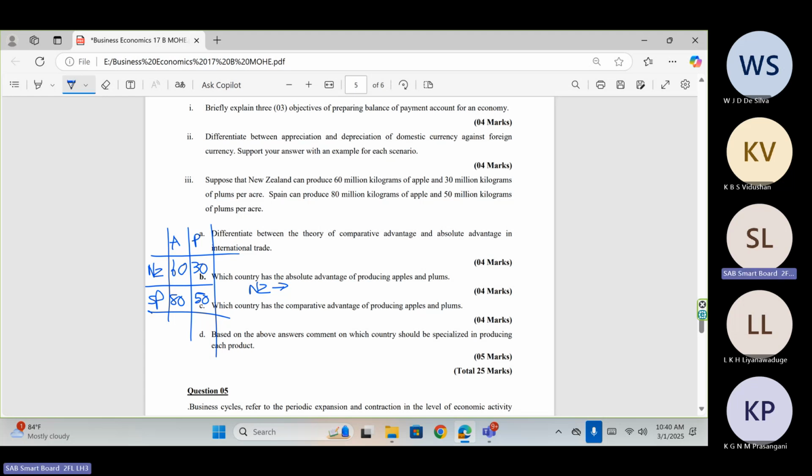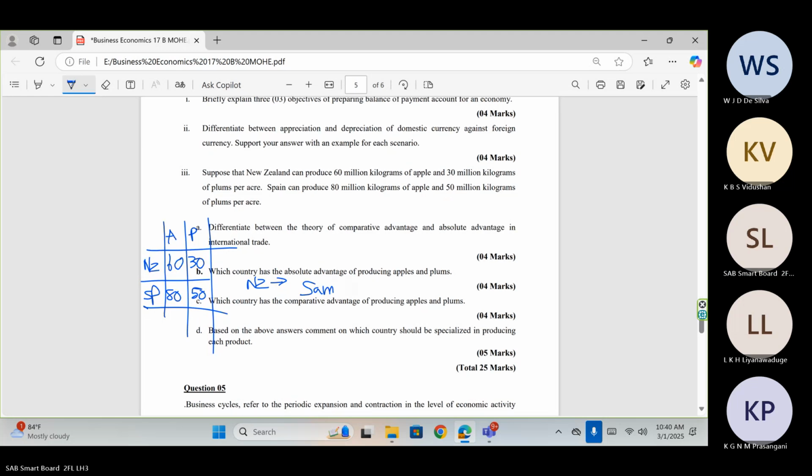You can write down: the absolute advantage of producing both apple and plums is for Spain, because by using the same level of resources, Spain is producing more output regarding both products. That is the answer, 4 marks.